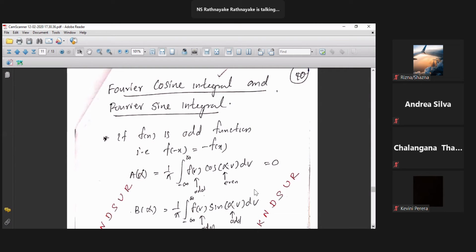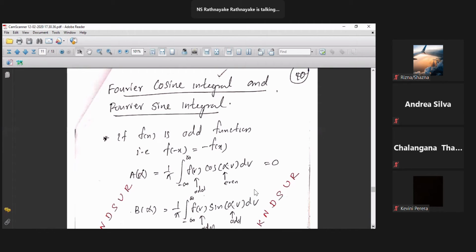I think you remember that when we discussed the Fourier series, we talked about the Fourier sine series as well as the Fourier cosine series. Similarly, we are talking about Fourier integrals. Now we are going to discuss the Fourier sine integral as well as the cosine integral, if the given function is an odd function or an even function.